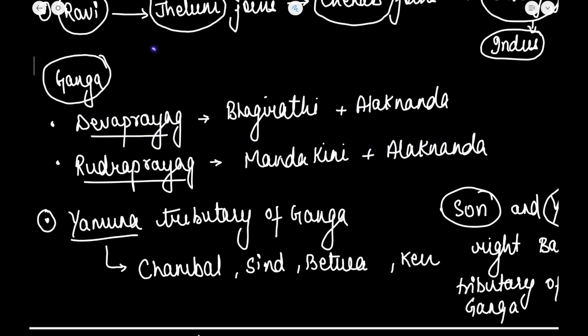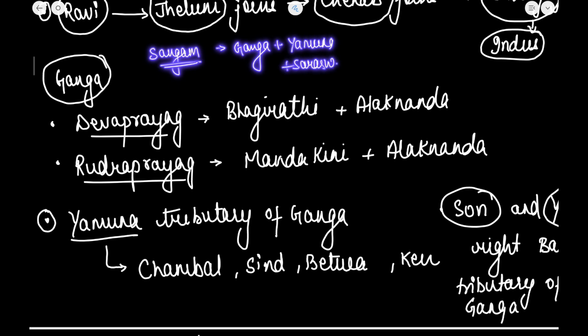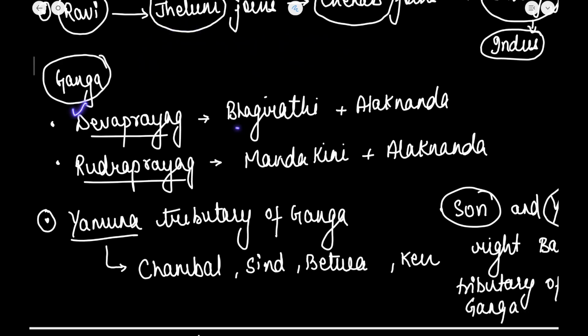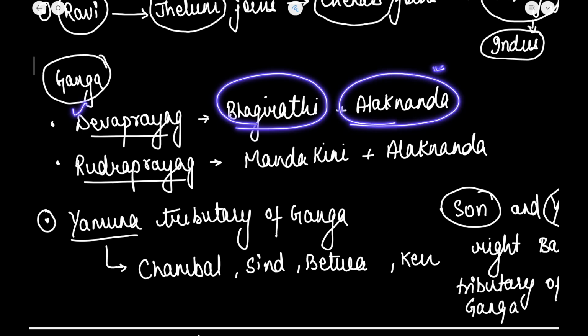Okay, as we know, there's the Sangam at Prayagraj, where the Kumbh of 2025 was held. So there is a confluence of three rivers, that is river Ganga, river Yamuna, and river Saraswati. Okay, so just like the Sangam, this Devaprayag is the place of confluence of river Bhagirathi and river Alaknanda.